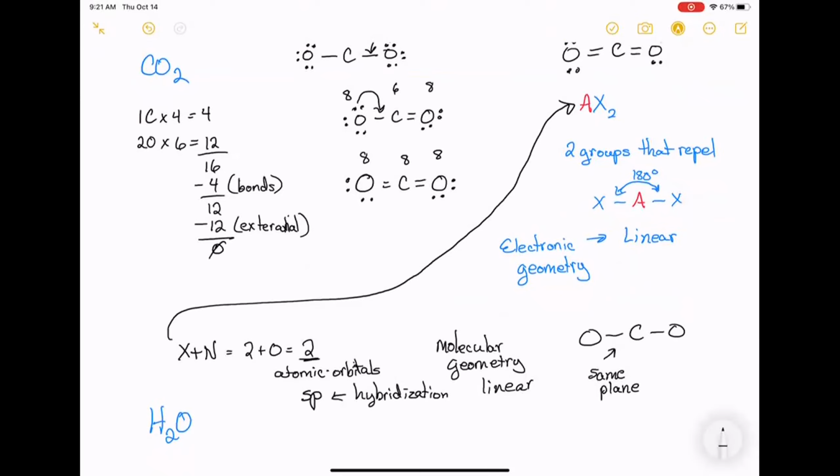Now, a couple other pieces of information here. We need to talk about polarity.